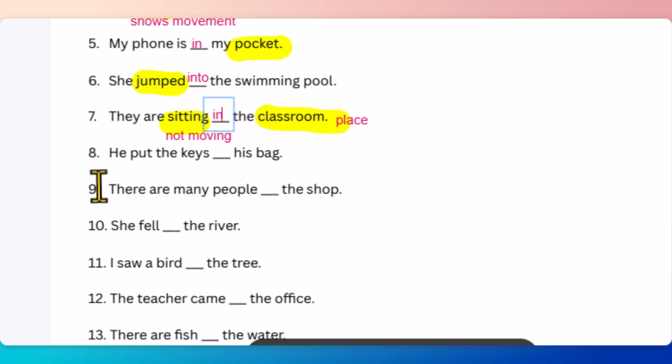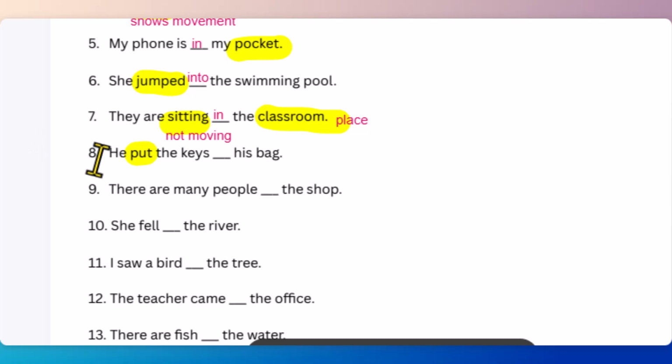Number 8, he puts the keys in his bag. So put, what does that tell us? Put means that the person is taking something and putting it in their bag.